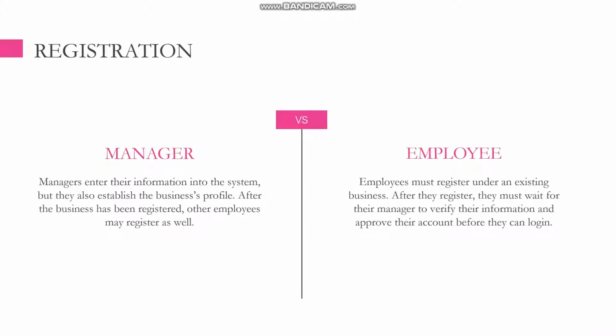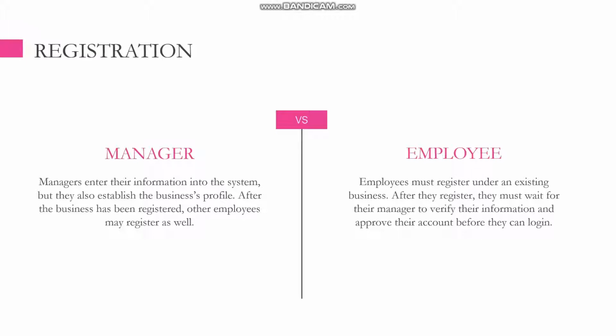So first we're going to talk about registration. Registration is going to be different for a manager versus an employee. Managers, when they register in the system, are going to enter their own information as well as the business's information so that the business can also be registered. After the business has been registered with the manager registration, other employees may register as well.